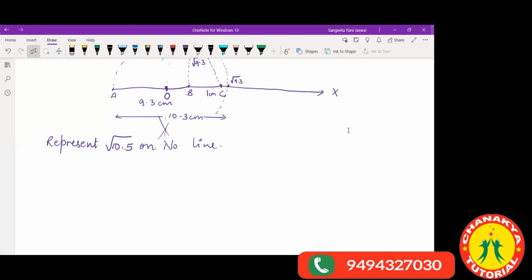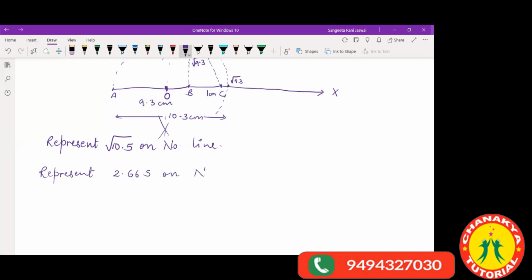Okay, now see the next one. Real numbers on the number line. Now, how do we represent real numbers on the number line? Look, children. Suppose you have the number 2.665, and you have to represent this number on the number line.